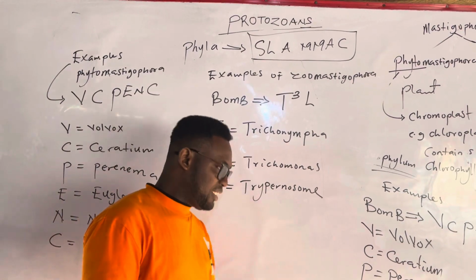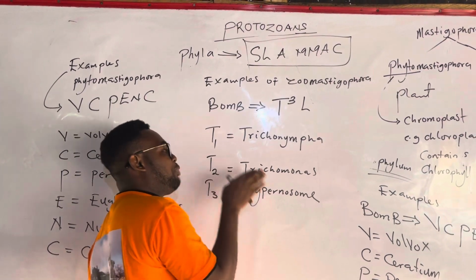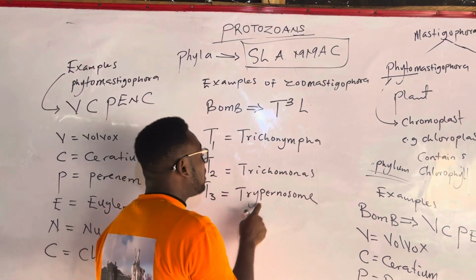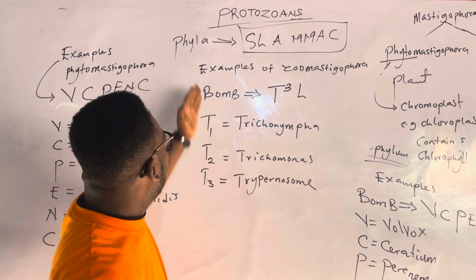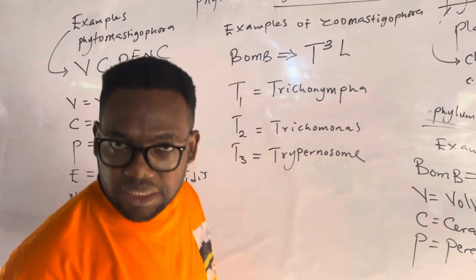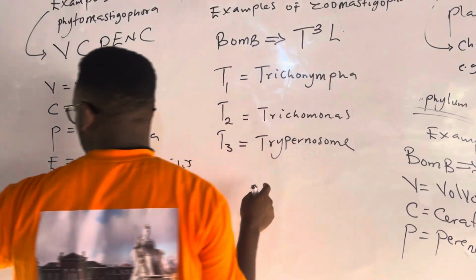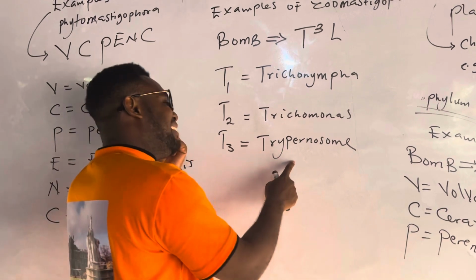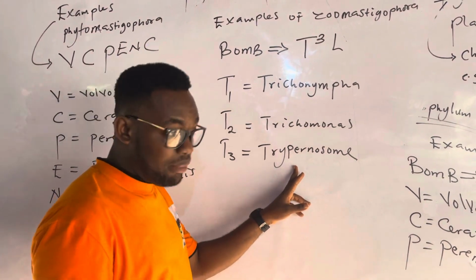Sleeping sickness. When the tsetse fly bites you, what it gives you is this protozoan, which is called trypanosome. That tells us that all the examples you see here are parasitic.